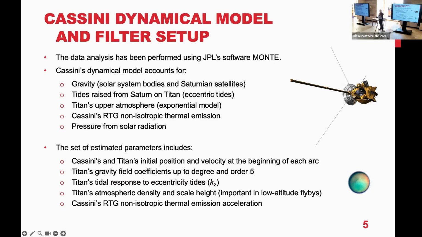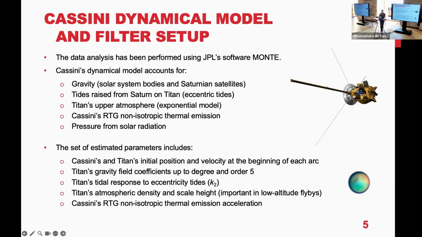One key element for the analysis is in the way we accounted for Titan's orbit, because indeed the positioning of Cassini with respect to Titan was very accurate, to the level of meters or tens of meters in the radial direction. And thus also the positioning of Titan with respect to Saturn must be accurate as well.